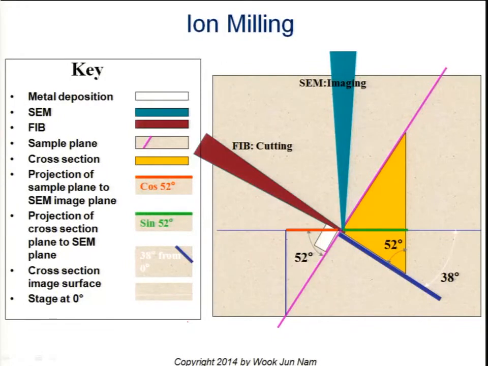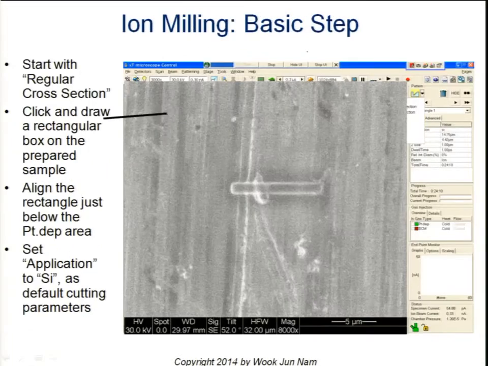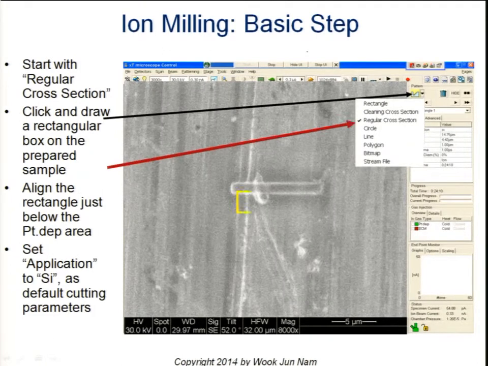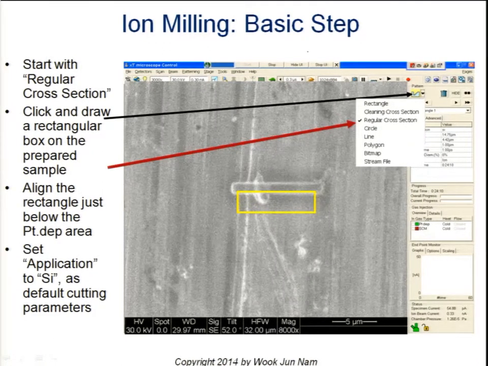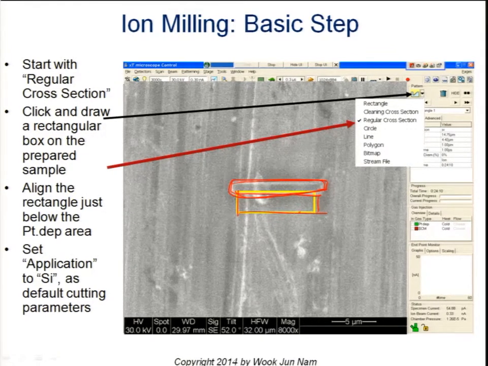So ion milling is a very important method. If we want to see the cross section of the samples, after we deposit this metal layer, we can decide how much we want to open through the sample, and simply draw the area we want to cut.